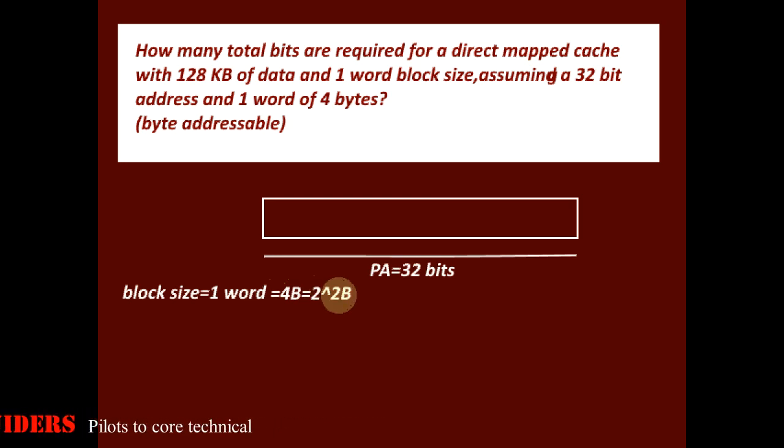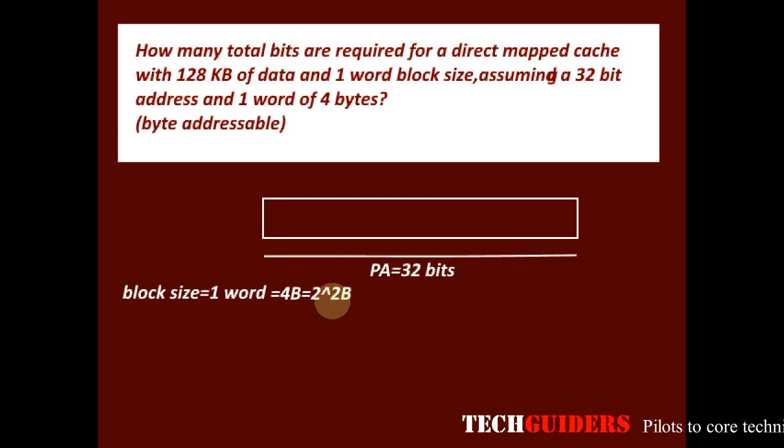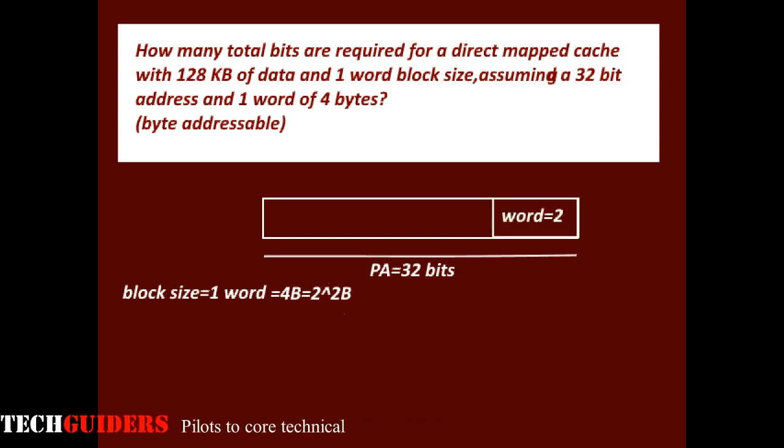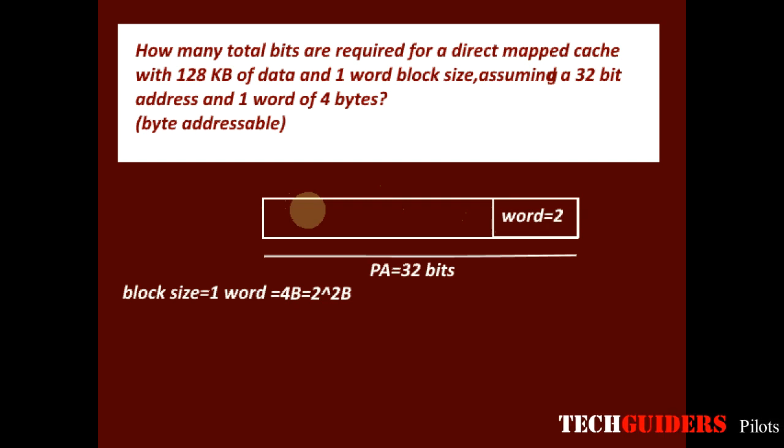That is 2 raised to 2 bytes. So to address each byte uniquely, since it is byte addressable, how many bits are required? 2 bits are required. Thus the block offset is of 2 bits, and the remaining 30 bits is the block index.